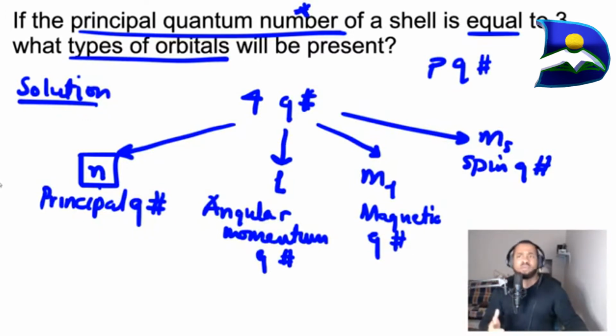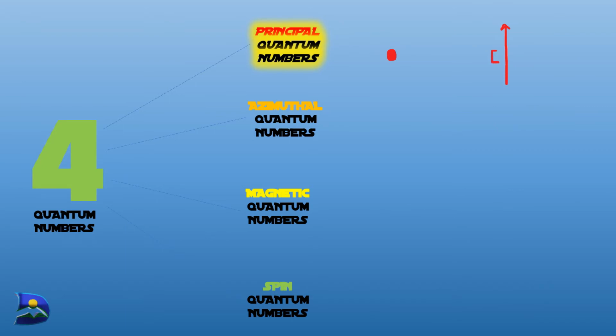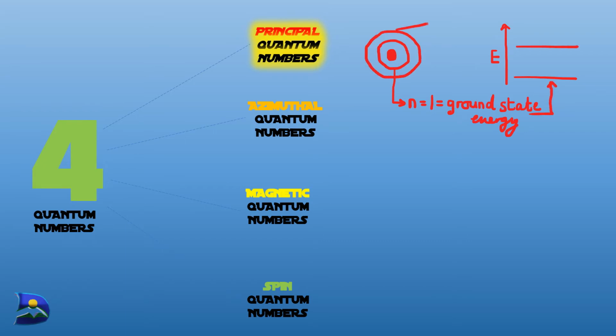The principal quantum number tells us the energy levels, and the energy levels of that specific system are a base in which electrons need to be.